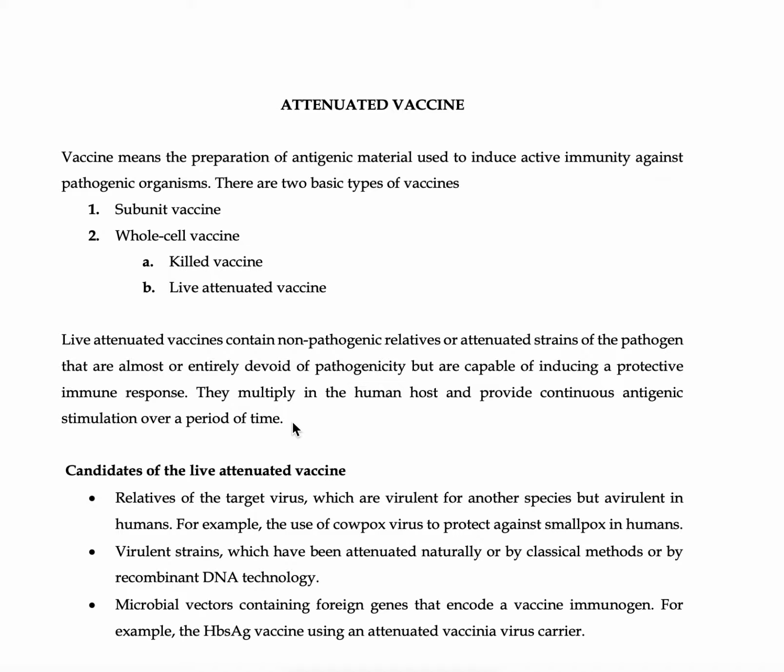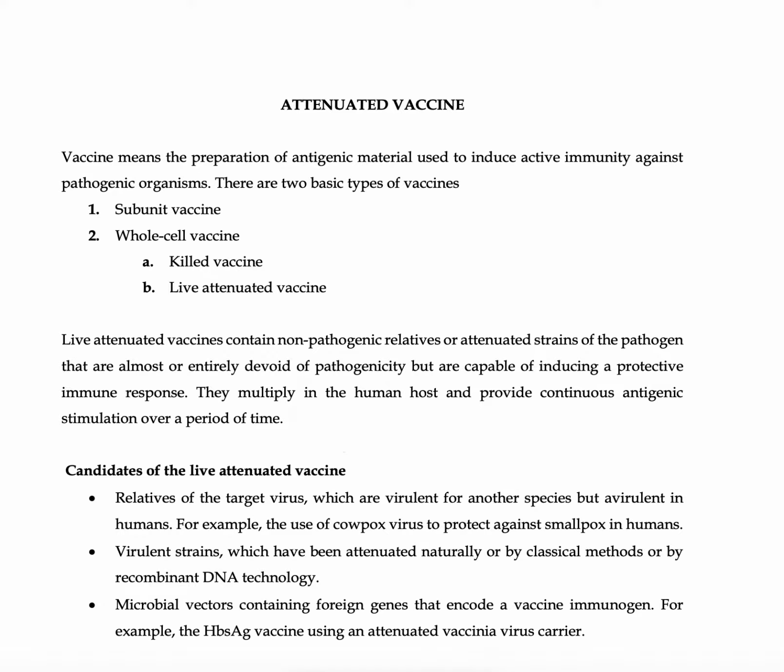They cannot create disease in their host, but they can induce immunity. And one good part of using live attenuated vaccine is, as they are live, they can multiply in the human host and provide continuous antigenic stimulation over a period of time.